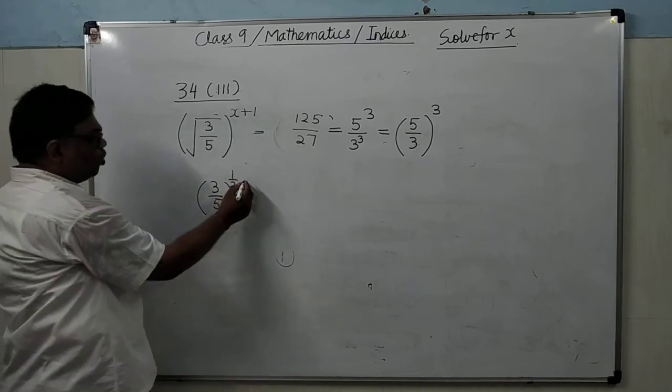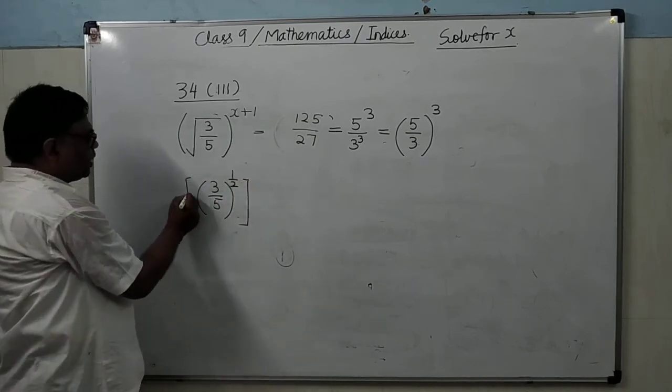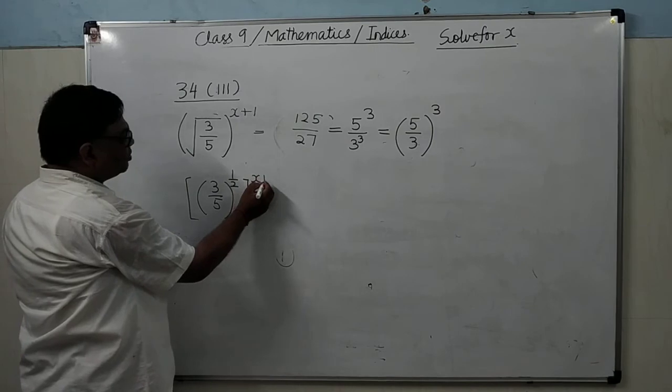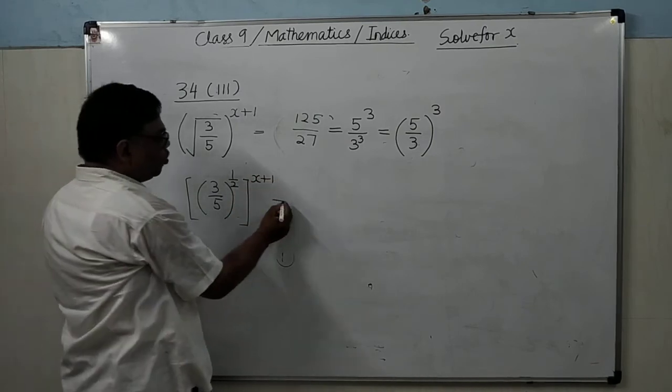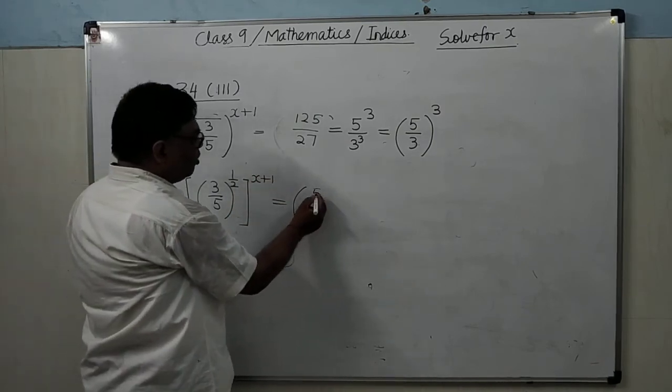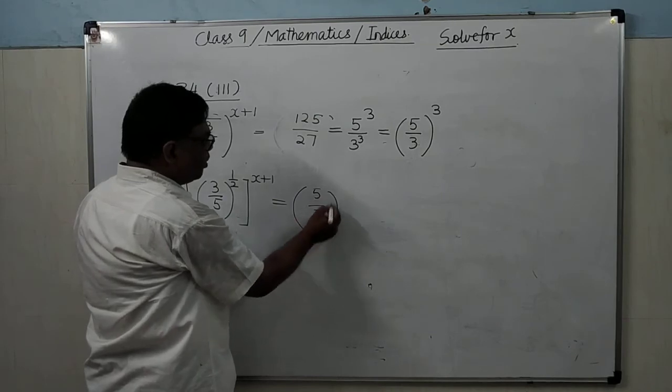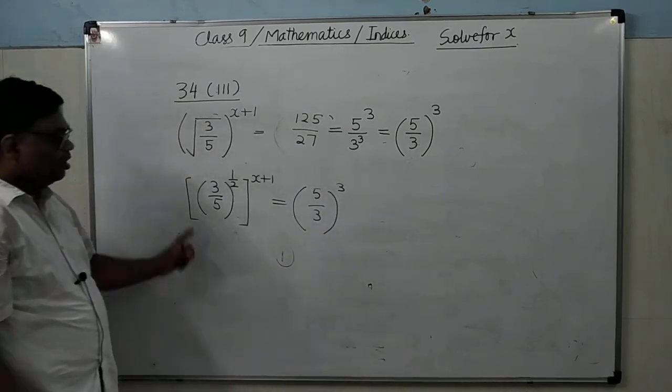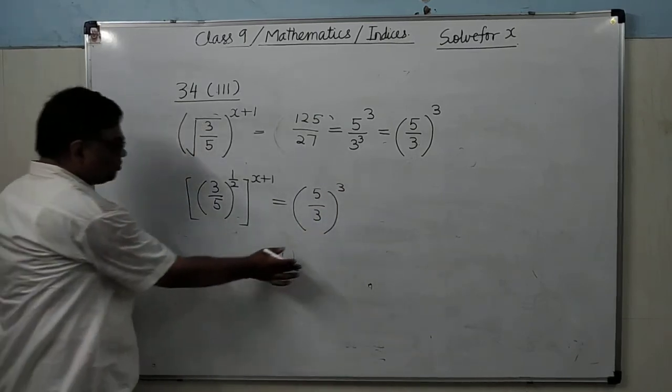Then there is one more power, so you put this big bracket, x plus 1 equals 5 by 3 whole to the power 3. Now powers will multiply.